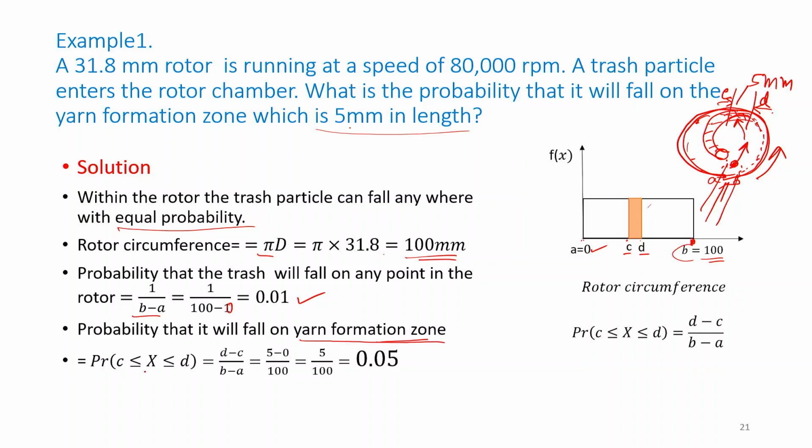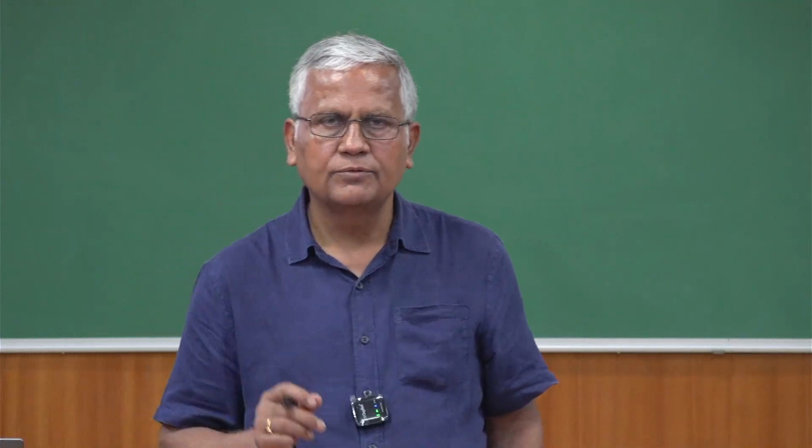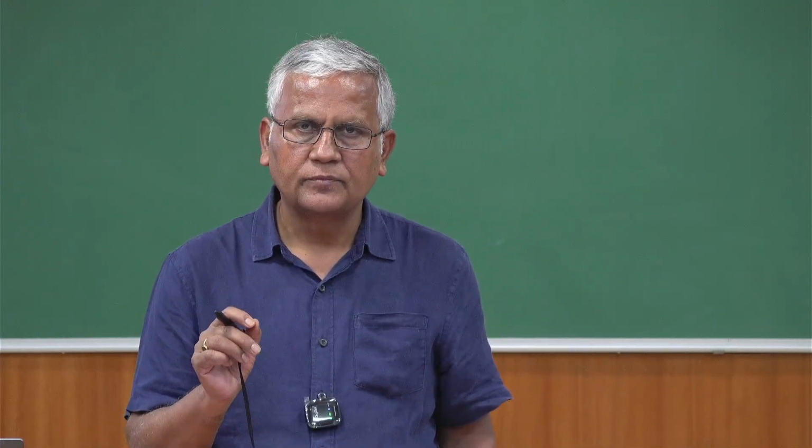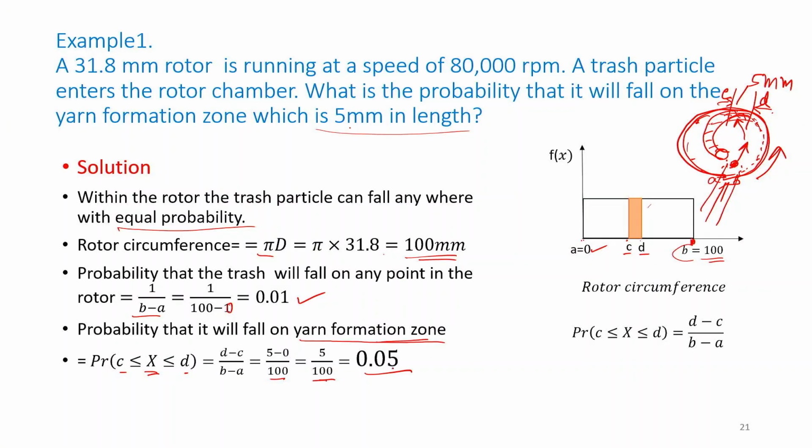The probability of X being between C and D will be D minus C by B minus A. So 5 minus 0 by 100, it is going to be 5 by 100. That probability will be 0.05. So this is the probability that a trash particle entering the rotor chamber is going to fall on the yarn formation point, which is 5 mm in length: 5 by 100 or 0.05.